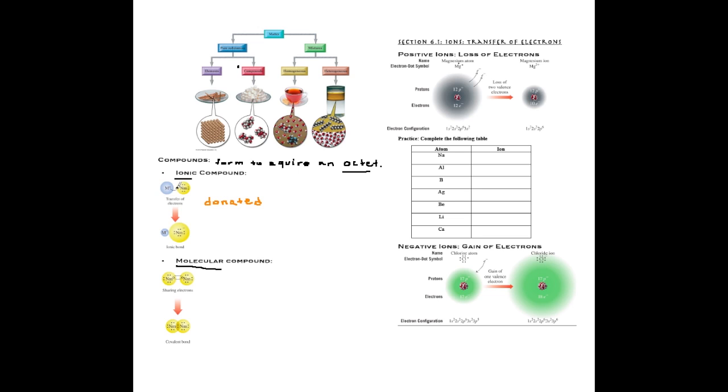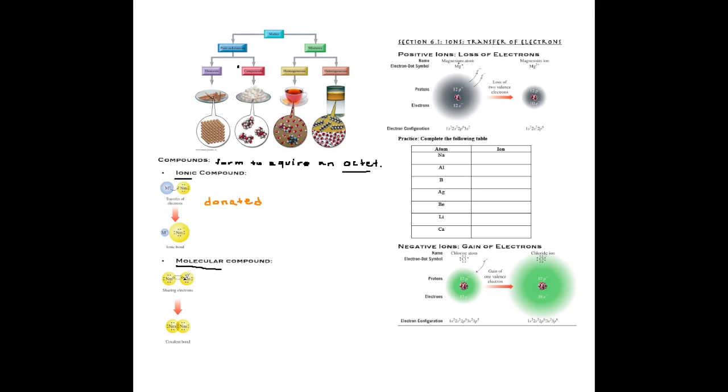So as we've already learned, since the metal is giving away an electron, it will have a positive charge, while the nonmetal will have a negative charge because it's accepting an electron. Now, in a molecular compound, rather than donating and completely getting rid of an electron, you have a sharing of electrons, and we'll get more into this later in the unit.